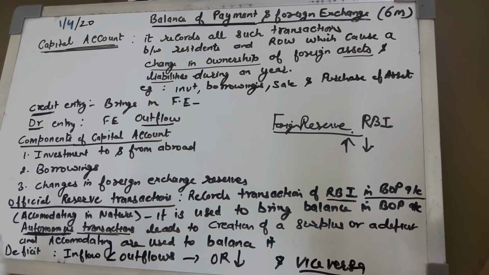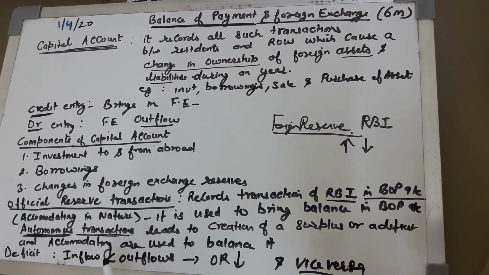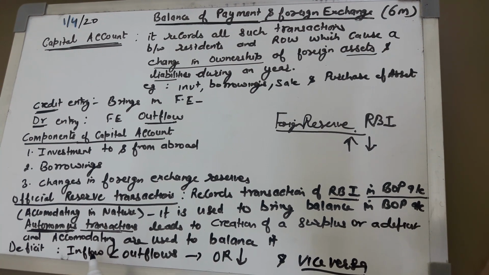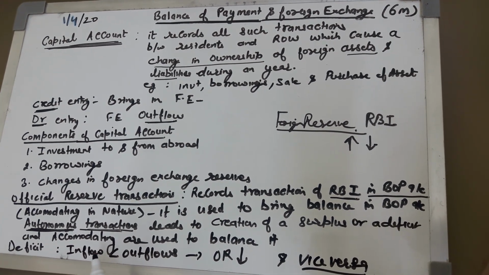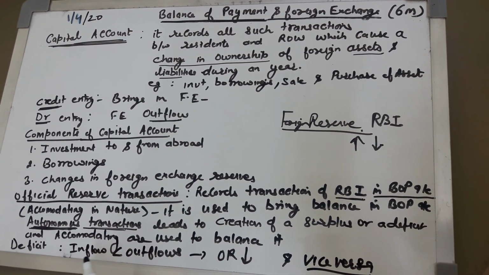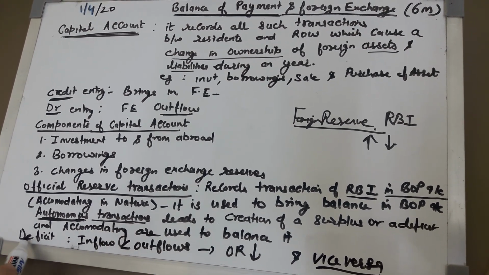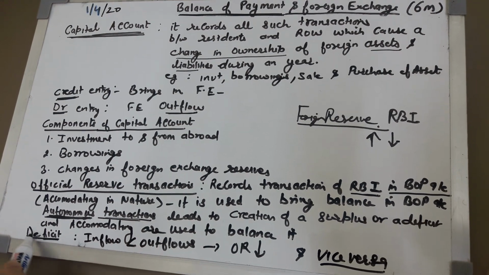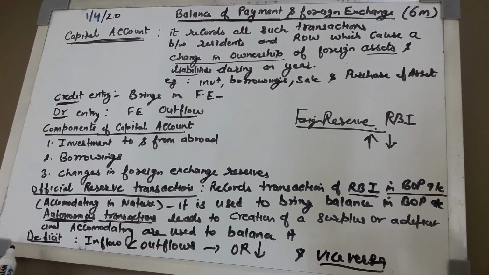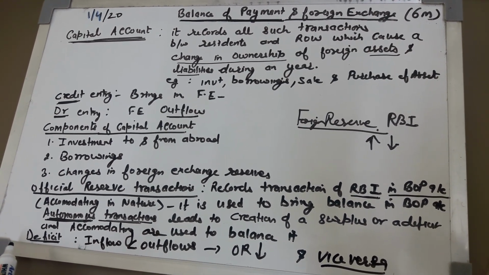Is it clear? Now similarly, borrowings and other things, they are not dependent upon the condition of surplus or deficit. However, now whenever there is a deficit in BOP account, it is basically due to autonomous transactions.